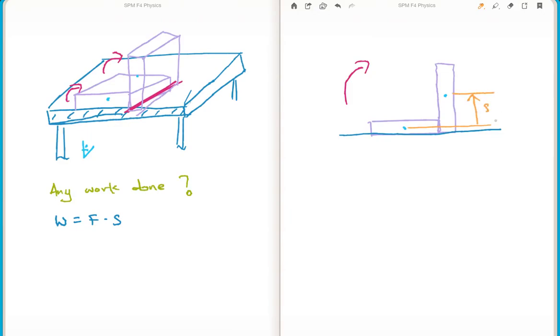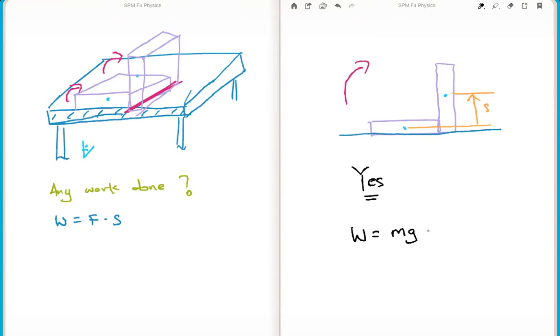This will be my S, displacement. So there's an increase of center of gravity, like when you draw a free body diagram from the previous video. So therefore, yes, there's work done. My work done would be, force is actually mg for this case, because of the mass of the book and also the gravitational g.